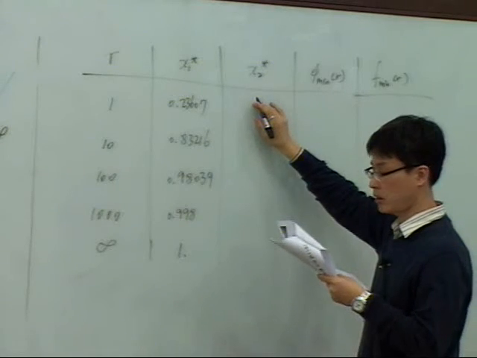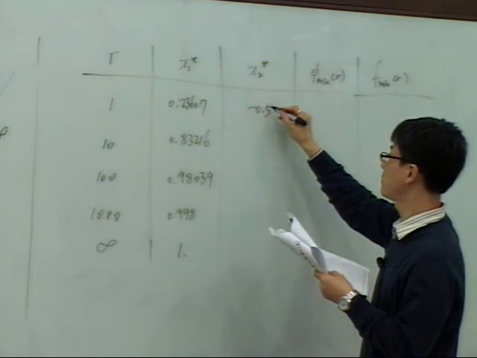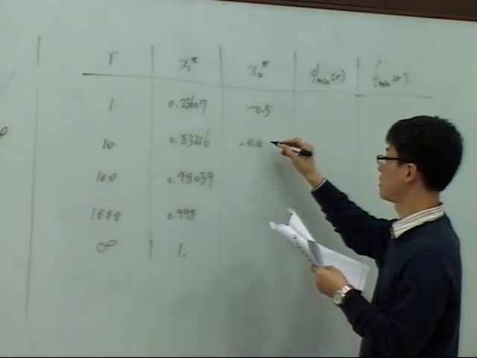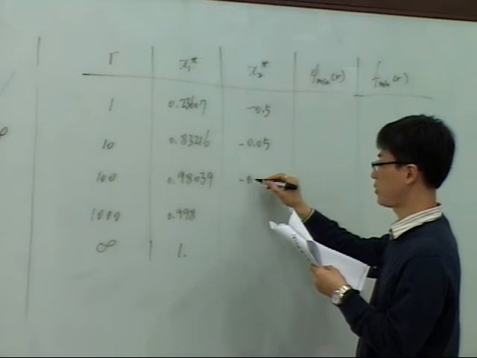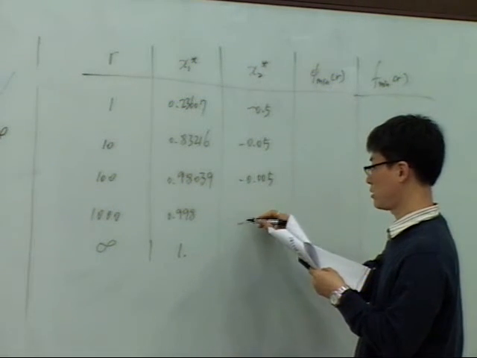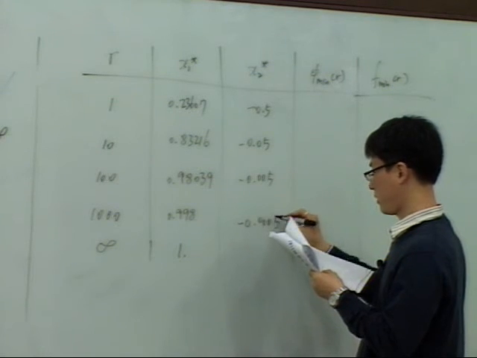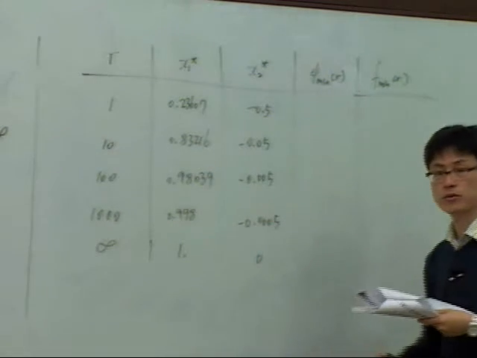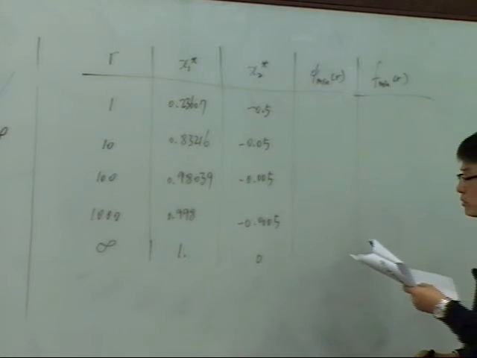For the x2 star, it's minus 0.5, minus 0.05, minus 0.005, minus 0.0005, and eventually the exact value is 0.